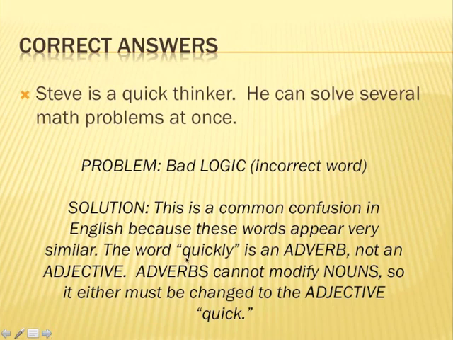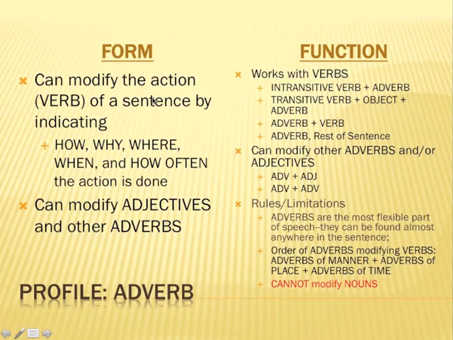So in this case, we had the word quickly and we needed to change it to the adjective form so that it would be appropriately describing the word thinker, because what we have here is a noun complement, a quick thinker. So we had to change the word quickly to quick. As we said before, this is one of the limitations of adverbs: adverbs cannot modify nouns themselves.